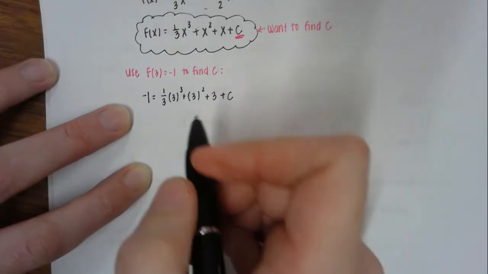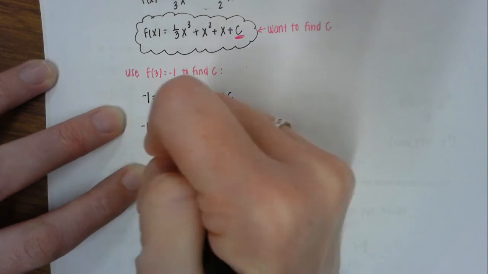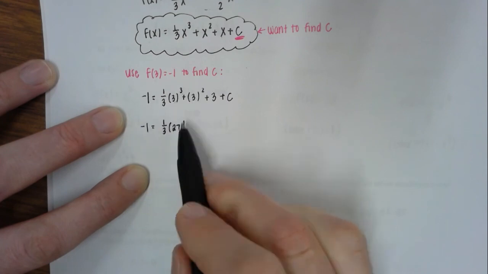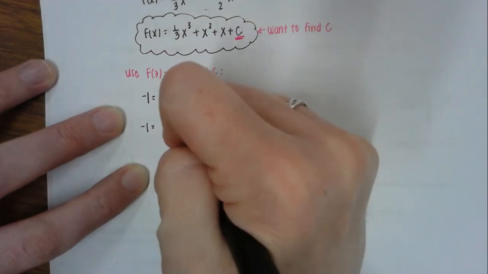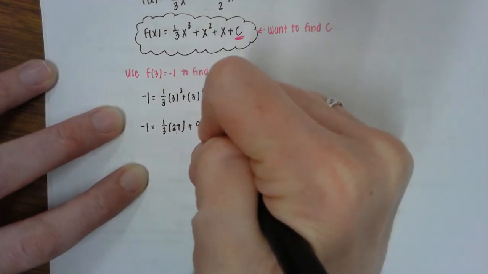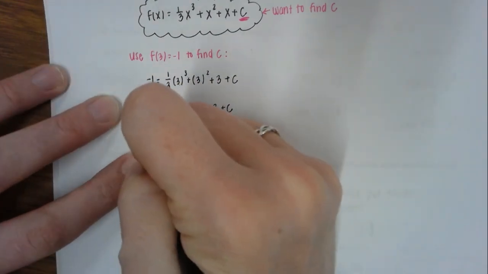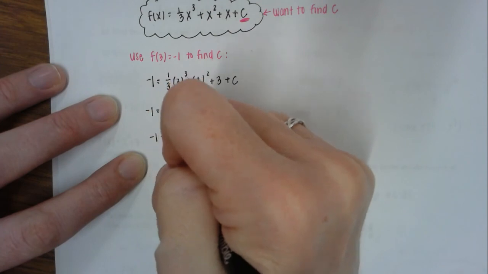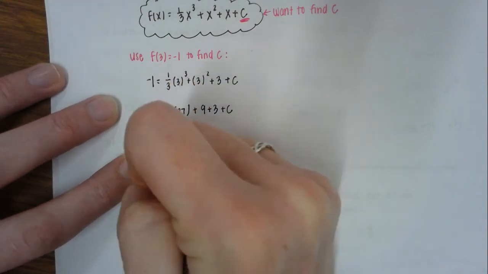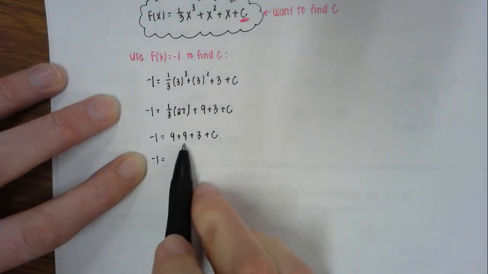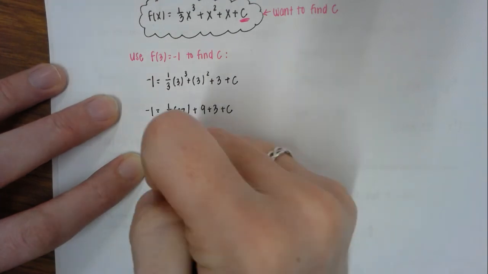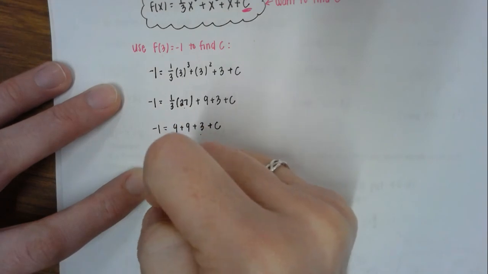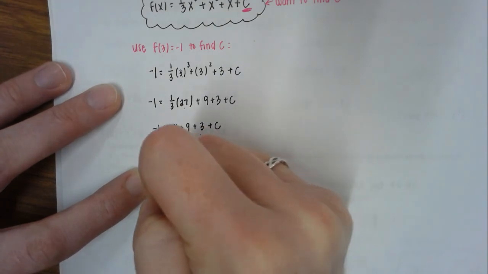And then I'm just going to do a little bit of algebra over here. So this is going to become -1 equals 1/3 times 27. 3 to the third is 27. Be careful about that. Plus 3 squared is 9. Plus 3 plus c. 1/3 of 27 is 9. So 9 plus 9 is 18. Plus 3 is 21. So if I subtract 21 from each side, that tells me that c is -22.